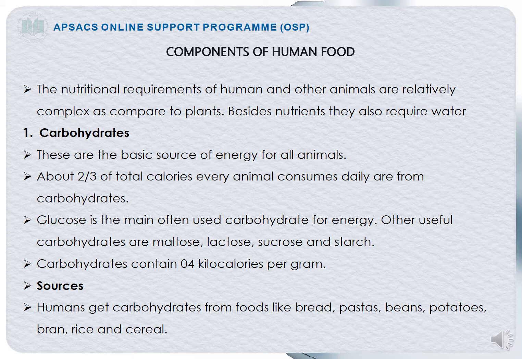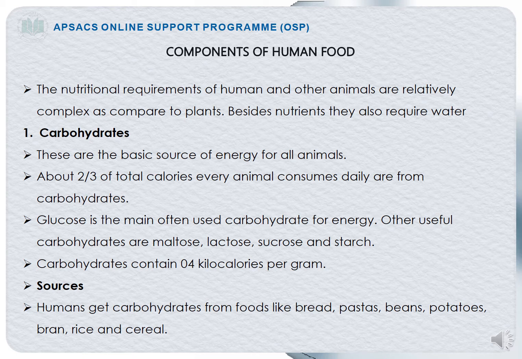Glucose gives us frequent energy. Besides glucose, the other useful carbohydrates are maltose, lactose, sucrose and starches. Lactose is present in milk, starches are in potatoes, right? But the main source will be the glucose.